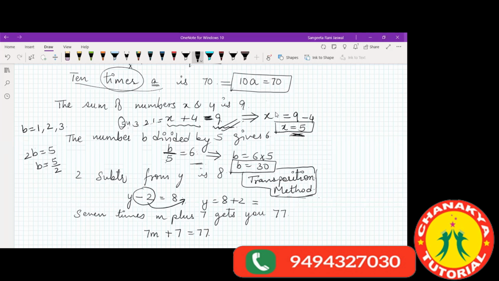Are you understanding? So what is the name of this method? Everyone, please say the name. Yes, ma'am. Transposition method. Position means place, and we are transposing it from one side to the other side. That's the name of this method.